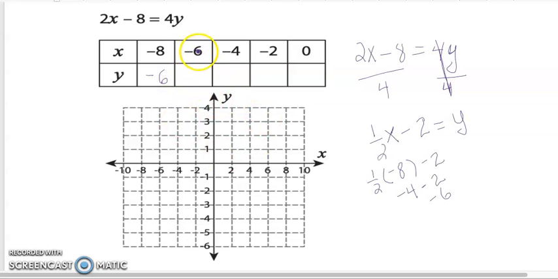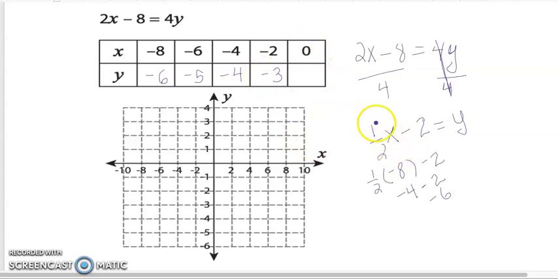Now let's do the same thing for -6. 1/2 of -6 is -3, and -3 minus 2 is -5. Let's do -4. 1/2 of -4 is -2, and -2 minus 2 is -4. -2. 1/2 of -2 is -1, and -1 minus 2 is -3. 0.